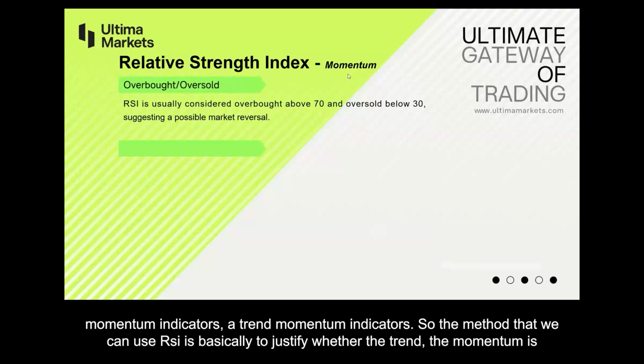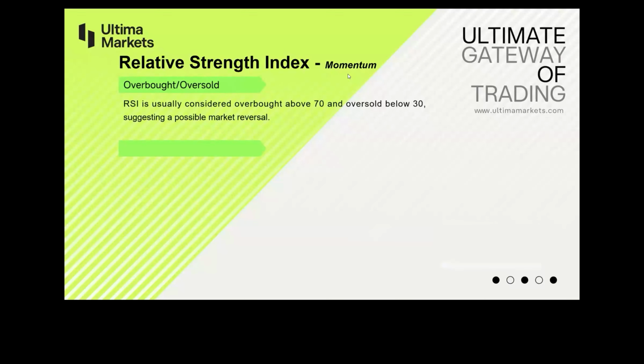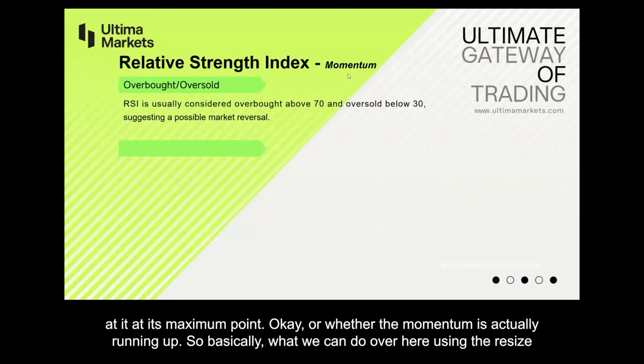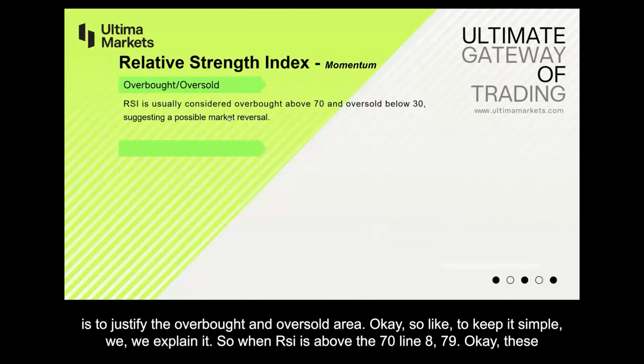We can use the RSI to justify whether the momentum is at its maximum point, or whether the momentum is running out. So with the RSI we can identify the overbought and oversold areas. To keep it simple, we explain it in a simple way.